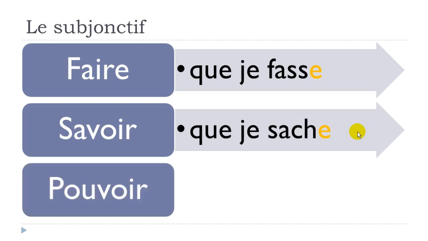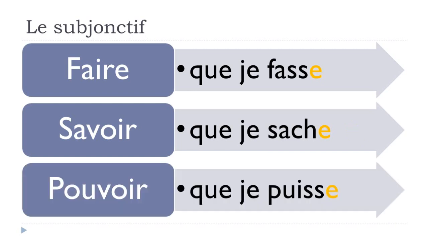And then pouvoir, can, will give you que je puisse. Exactly the same thing here. So remember: faire, to do, que je fasse; savoir, to know, que je sache; pouvoir, can, que je puisse.